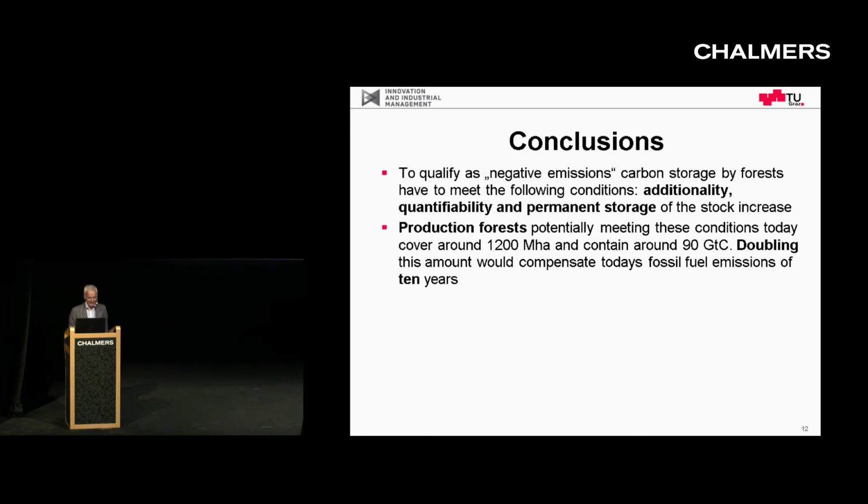Okay. The production forest, which is, you remember, the 10% of the total biomass on the globe, could possibly meet these three conditions. They are usually under some technical and organizational framework which allows to quantify this, contrary to any other forest, for example, that is not in the production process.